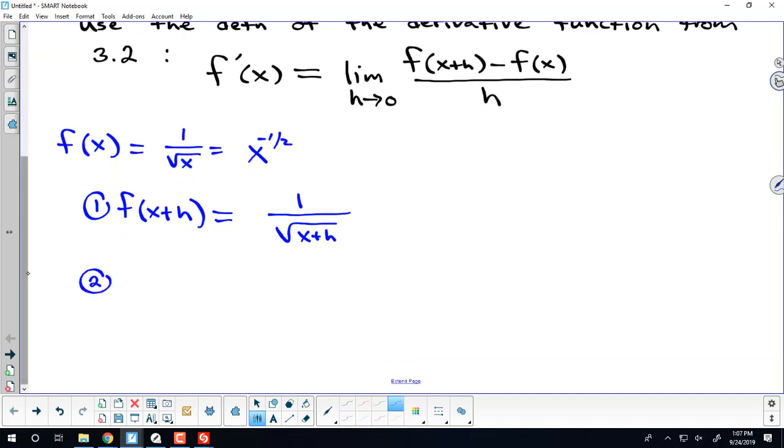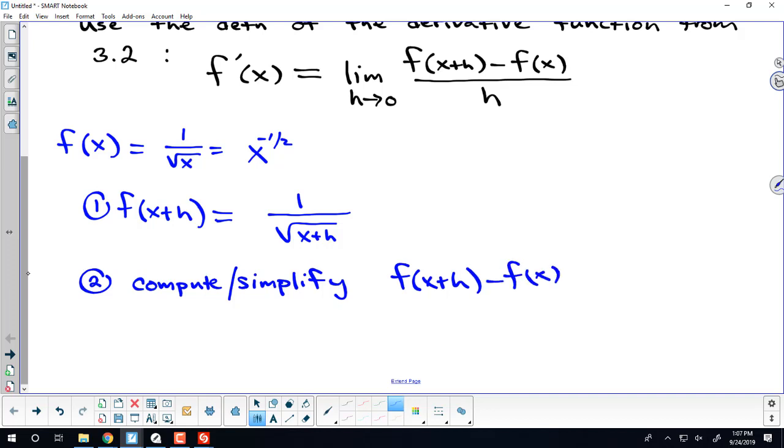So we're going to compute or simplify our difference quotient with the given information. Just be mindful of the difference here versus 3.1's formula: 3.1's formula had the a's in it. Once we knew what a was, we just plugged that into the formula and started working with it that way.